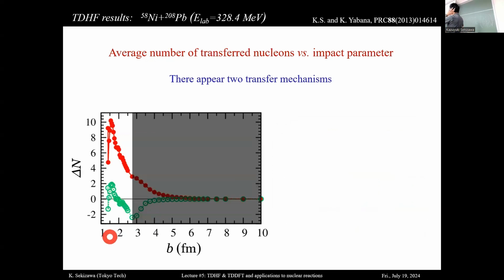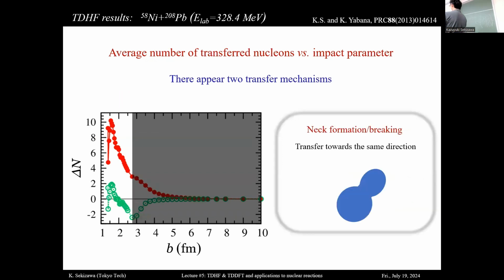Let's see what happens at smaller impact parameters. The behavior is somewhat different. At around an impact parameter of 3 femtometers, the two nuclei start merging and forming a neck.